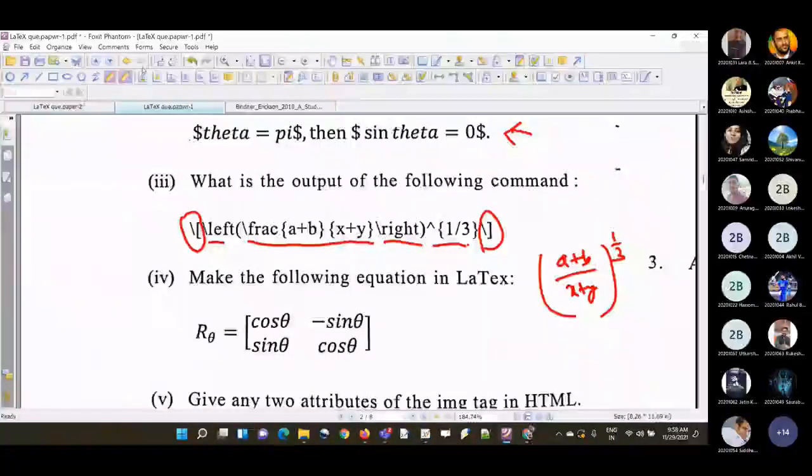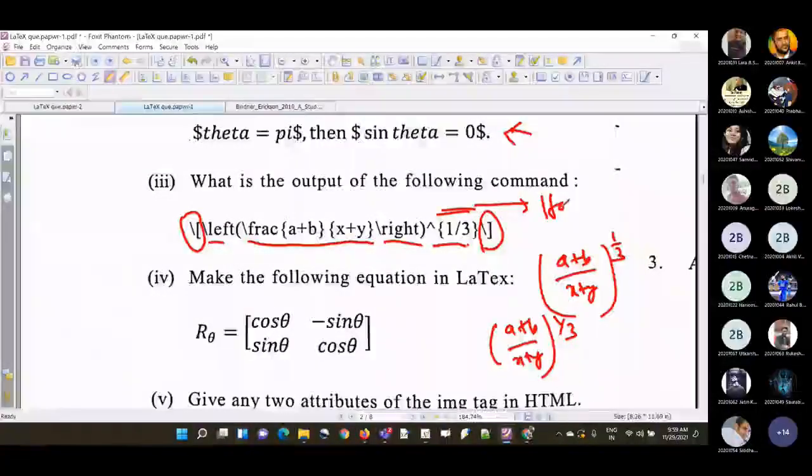You have to write a plus b by x plus y, and then you have to write like this. Okay. A little slant way, not this vertical way. And this is produced if you are writing here, in place of this, backslash frac 1 by 3 like this.